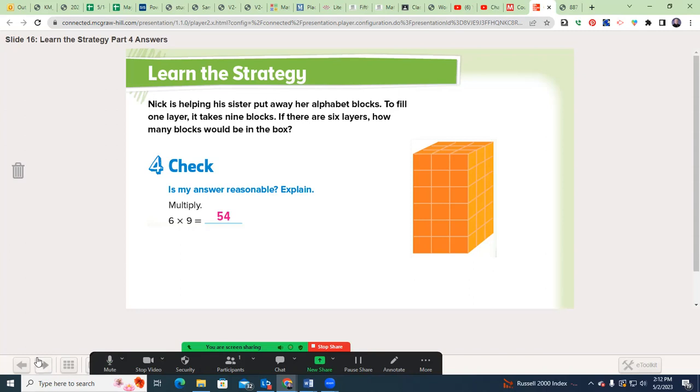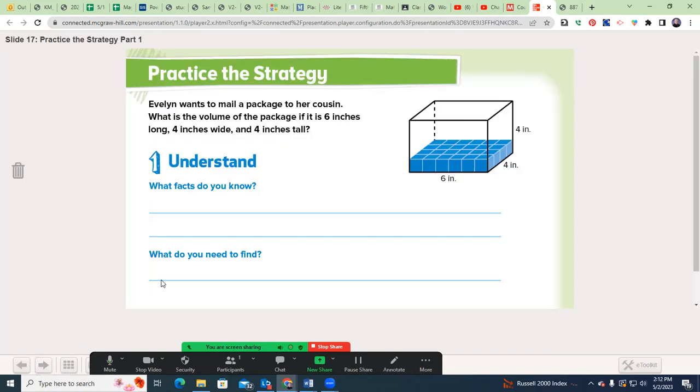All right, once you've gotten through this first page, let's turn it to 974, where we can practice the strategy. It says Evelyn wants to mail a package to her cousin. What is the volume of the package if it is 6 inches long, 4 inches wide, and 4 inches tall? So we're going to start out by going 6 times 4. So we know that there are 24 cubes in each layer, and there are going to be 4 layers.